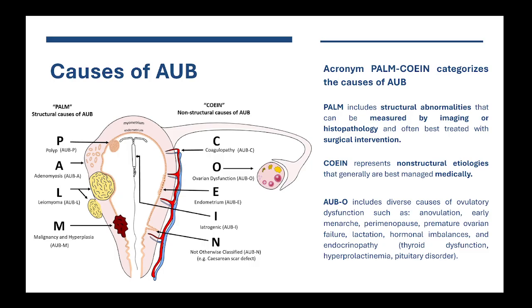For example, polyps, adenomyosis, leiomyoma, and malignancies. The COEIN portion represents non-structural etiologies for abnormal bleeding, and they are usually better managed medically.